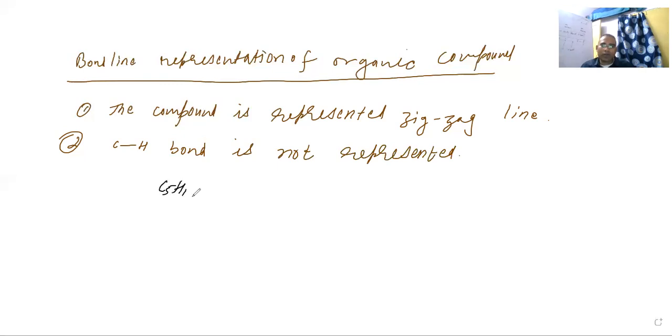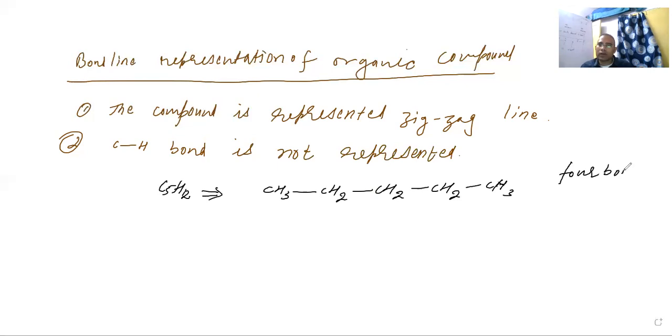The condensed formula we can write is CH3, then CH2, again CH2, again CH2, and lastly CH3. Here, student, 4 bonds should be maintained. This is the point you have to keep in mind.